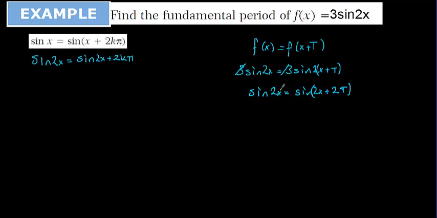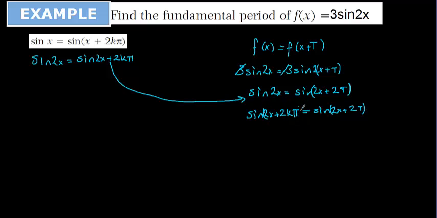Okay, then here sine 2x is equal to sine of 2x plus 2k pi, and that's equal to sine of 2x plus 2T. This should be in parentheses, by the way.